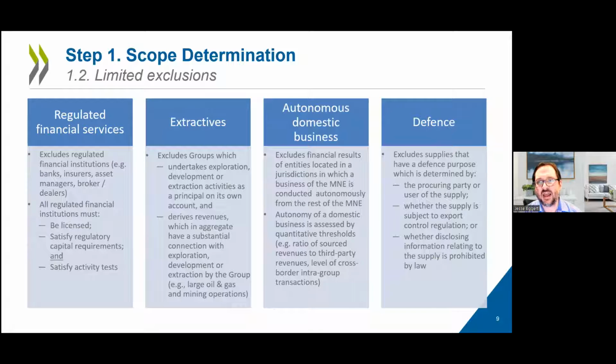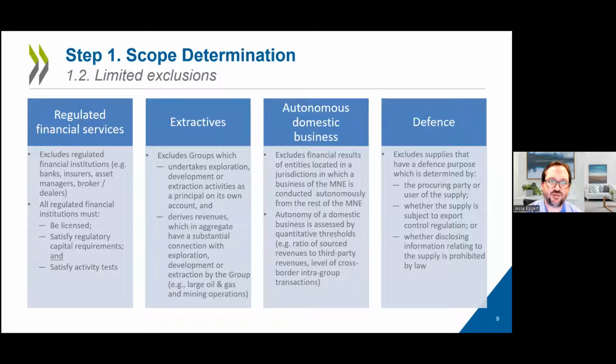There's an exclusion for the financial results of autonomous domestic business, meaning we exclude the results of entities located in jurisdictions in which an MNE's business is conducted autonomously from the rest of the MNE. That's because consolidating and reallocating would lead to results that didn't make much sense. How do we determine autonomy? Well, there are quantitative tests that are used for the purpose.